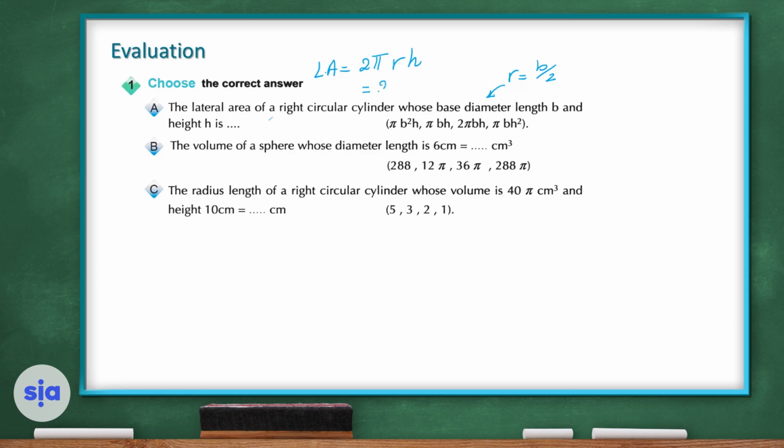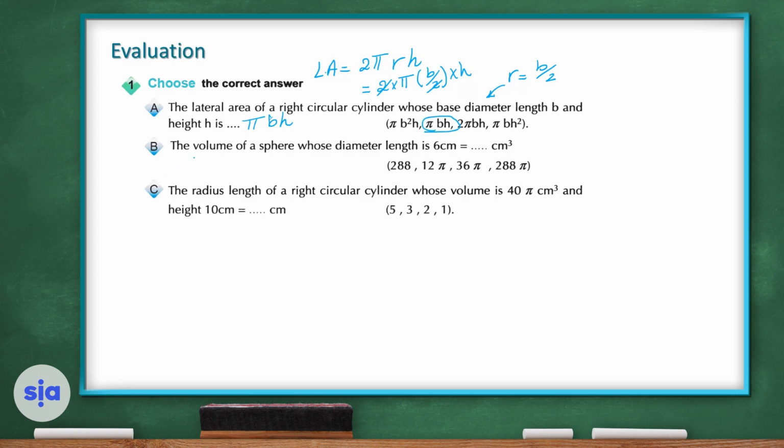Then it's 2 times pi times b over 2 times h. The 2 and the 2 cancel out, so the lateral area is pi b h. So this is the correct answer.